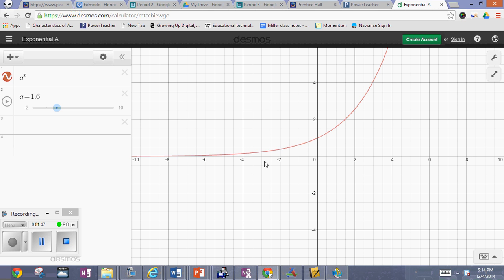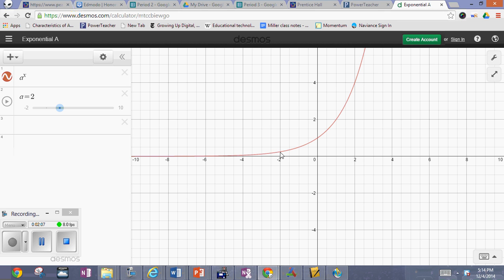Then in addition, they have the asymptote. So let's look at the 2 to the x graph. If x is -1, then I have a value here of 1/2. If I say 2 to the -2, I have a value of 1/4.